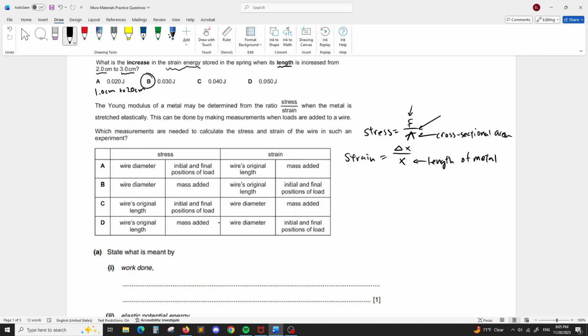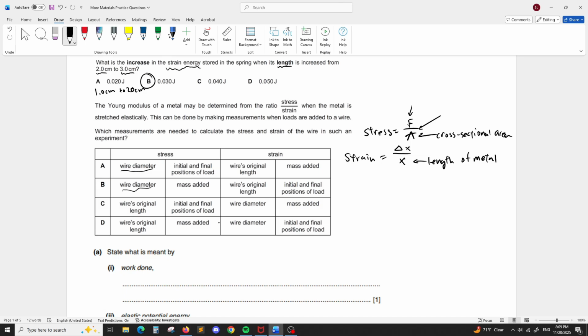So let's look at the answer choices. Wire diameter. Well, with the wire's diameter, you can actually calculate its area, right? Because it's technically a circle.